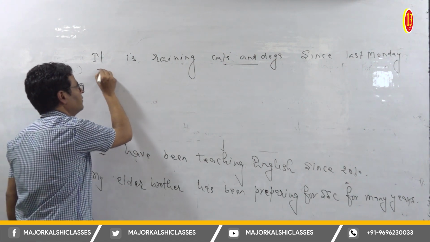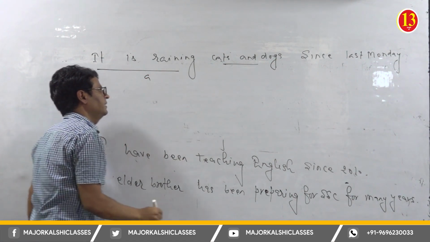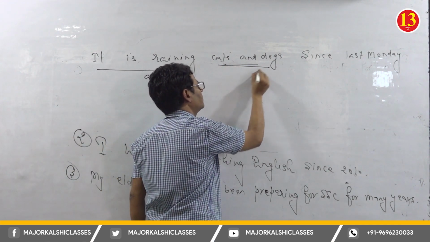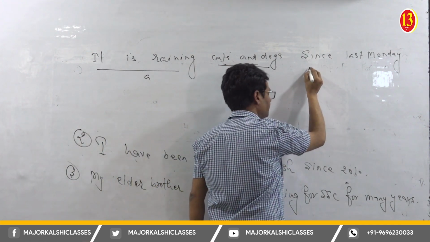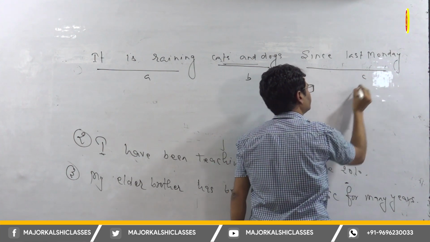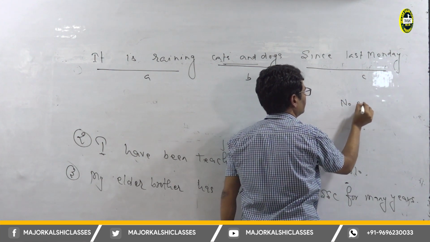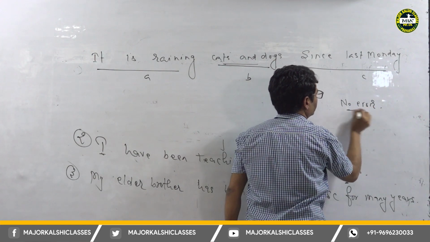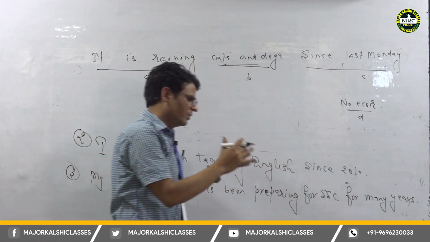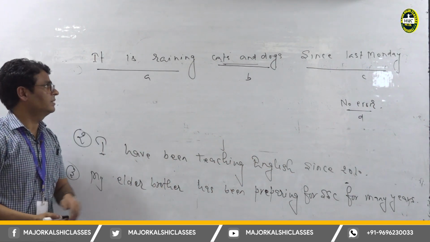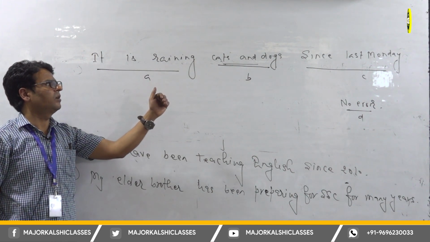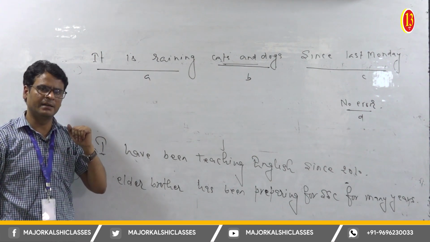And I am going to divide it into three parts. A, this portion is called B, and this portion is called C. And here it is written no error. You have to find out which portion is wrong here. It is raining cats and dogs since last Monday.